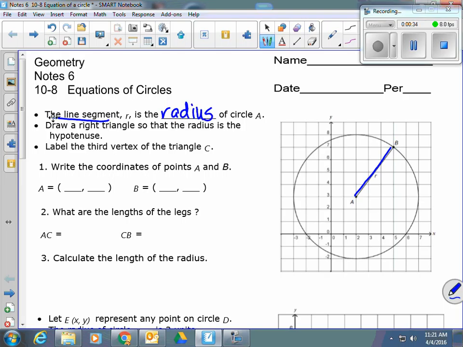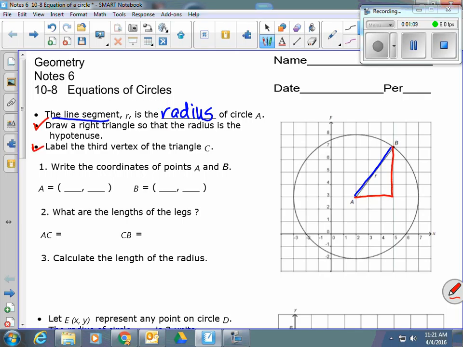Now, I want you on your paper to draw a triangle, a right triangle, where R, the radius, is the hypotenuse. And I'm under the impression that the majority of you will draw it like this. Is that correct? Do it the other way? It's okay. It's fine.